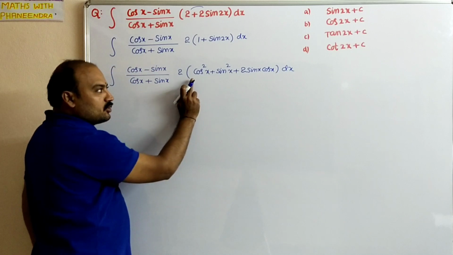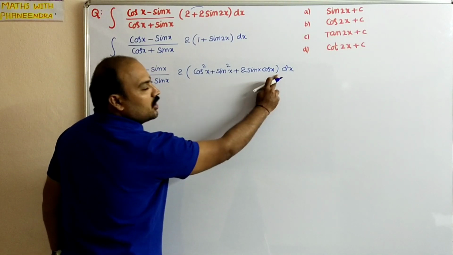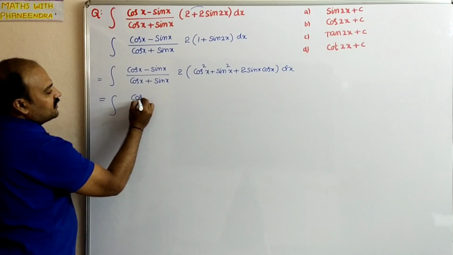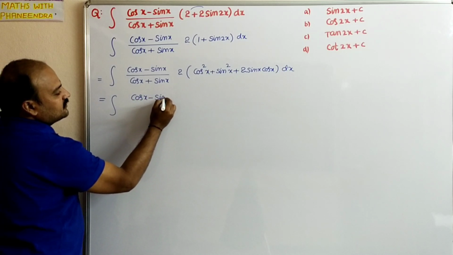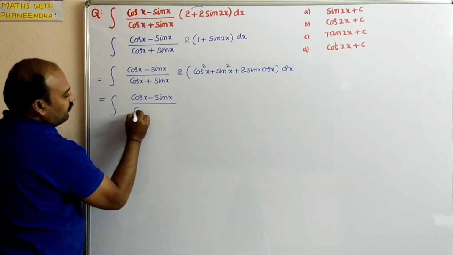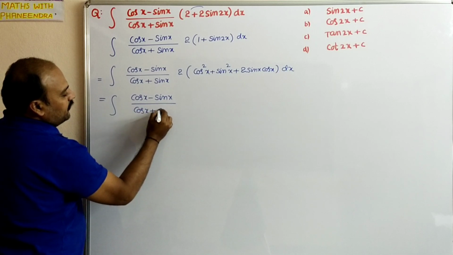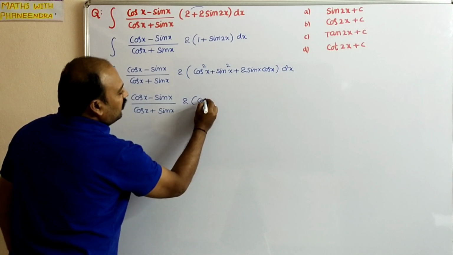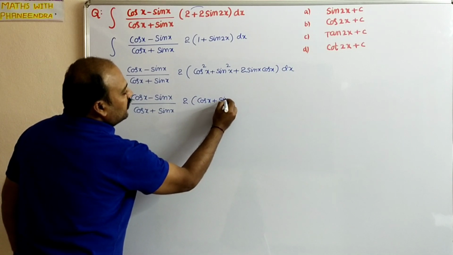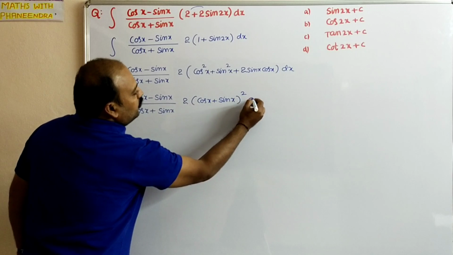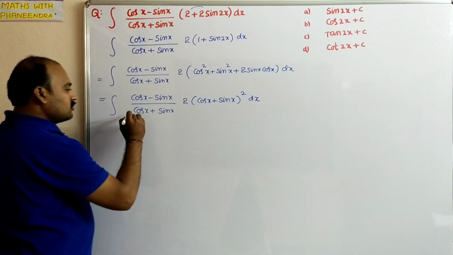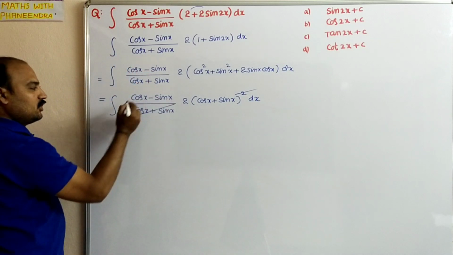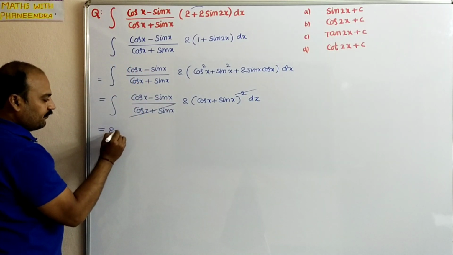It is the expansion of a square plus b square plus 2ab, the a plus b whole square rule, you know. So integral cos x minus sin x divided by cos x plus sin x into 2 into cos x plus sin x whole square into dx. One of the cos x plus sin x gets cancelled, the constant 2 we can take outside.